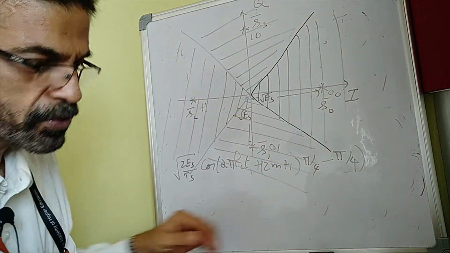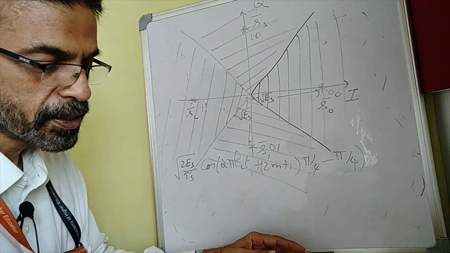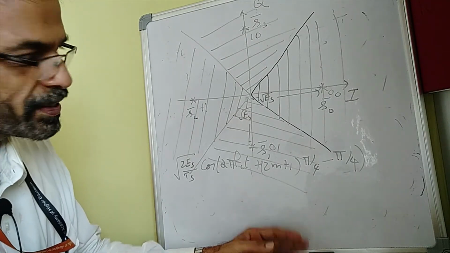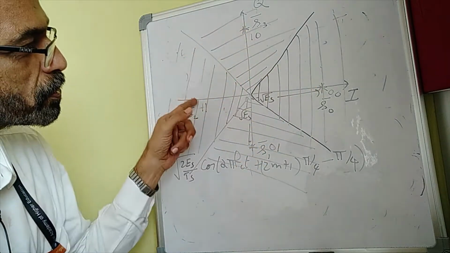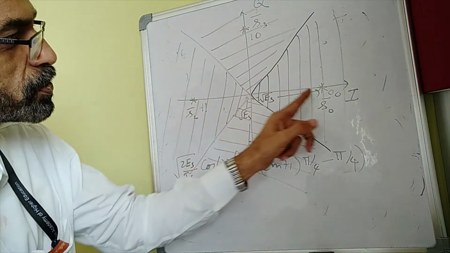And the reason for that was explained earlier in the previous example. The reason being that these types of errors are more dominant because of their proximity compared to these types of errors.